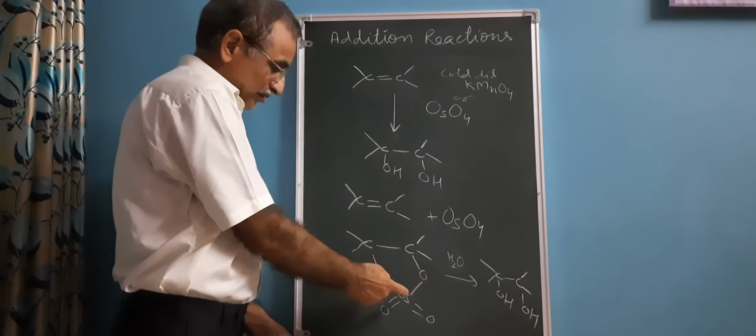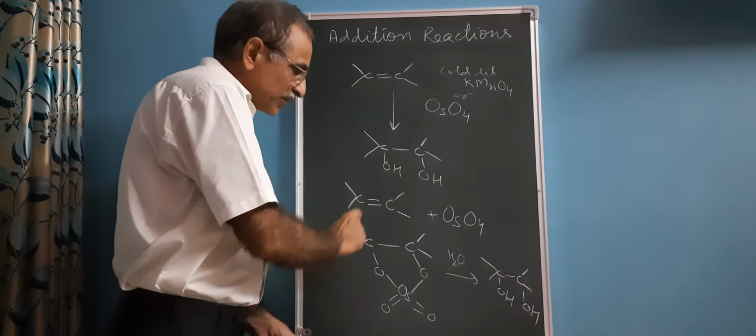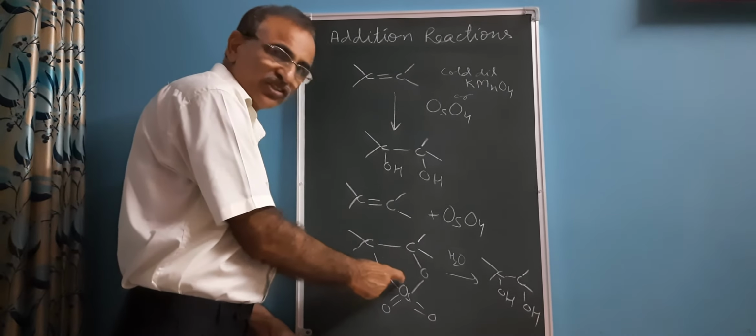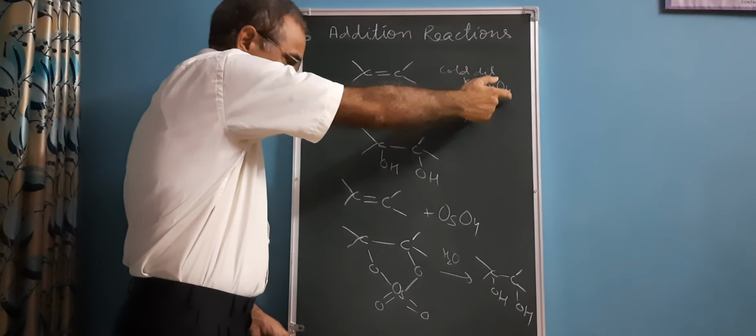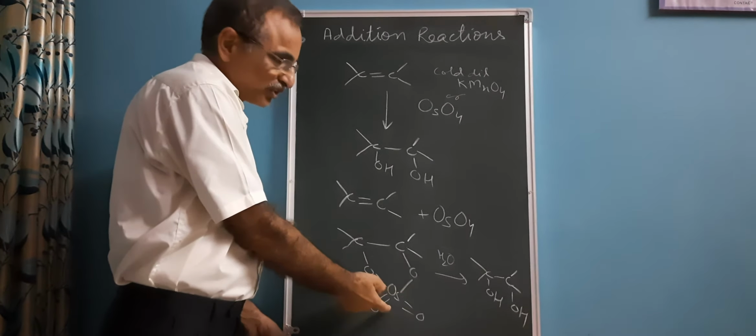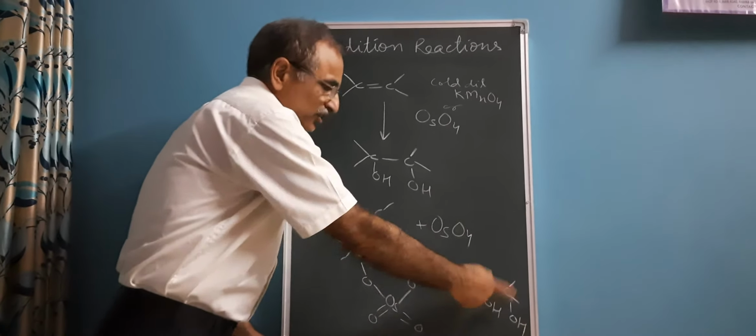Same is the case with potassium permanganate. Here again Mn will be there with a minus sign, and because of the formation of this cyclic structure, either with cold Bayer reagent potassium permanganate or osmium tetroxide, there is formation of cis dihydroxy derivative.